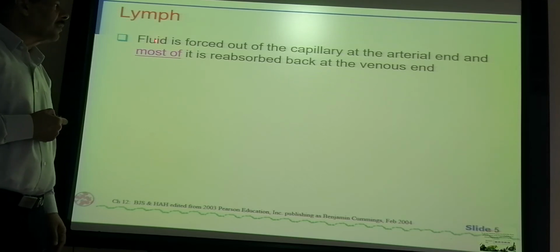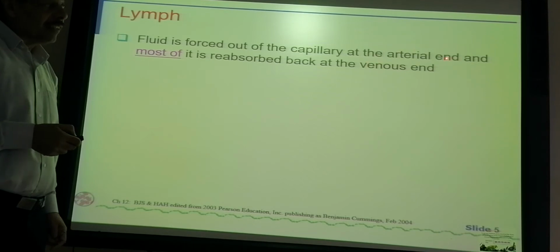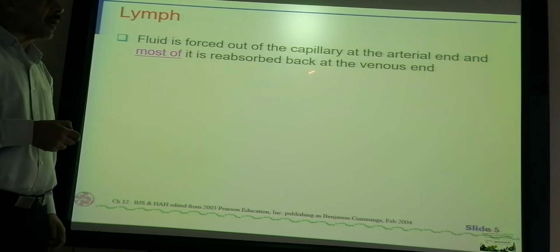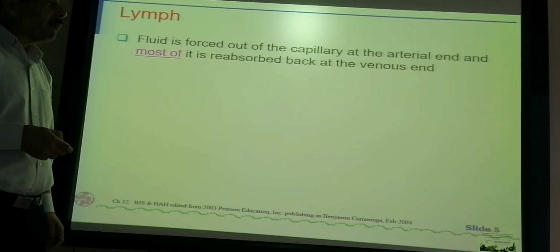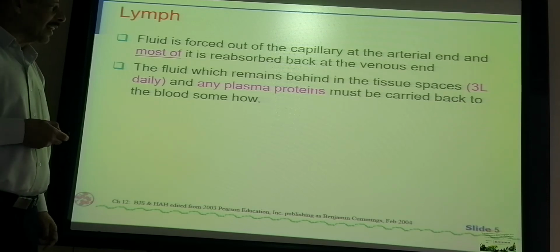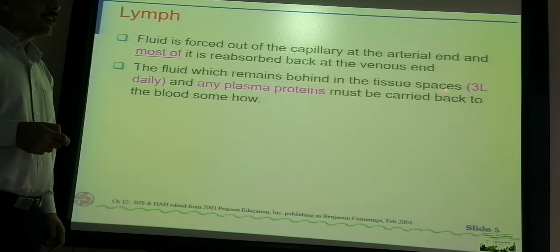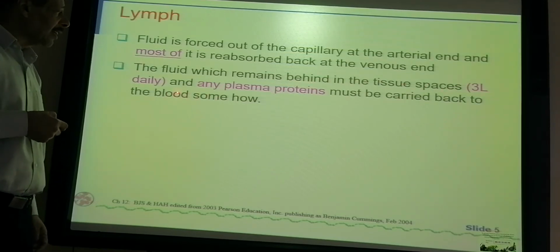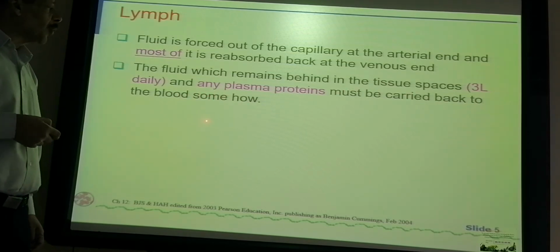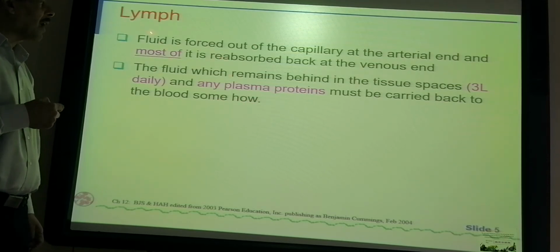The remaining fluid, about 3 liters per day, stays behind in the tissue space, and any plasma protein must be carried back to the bloodstream. So how? By the lymph.